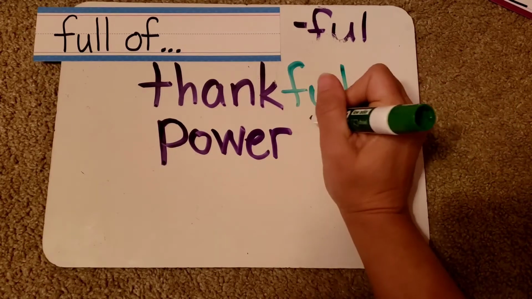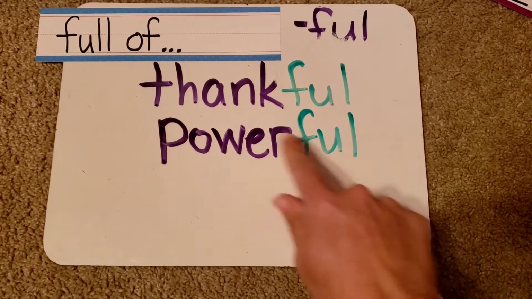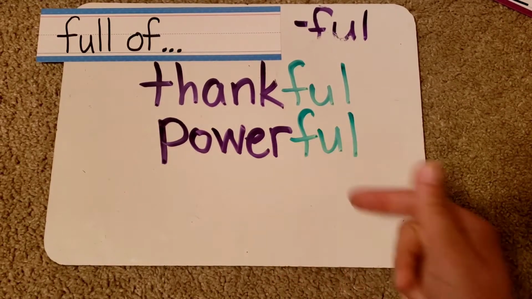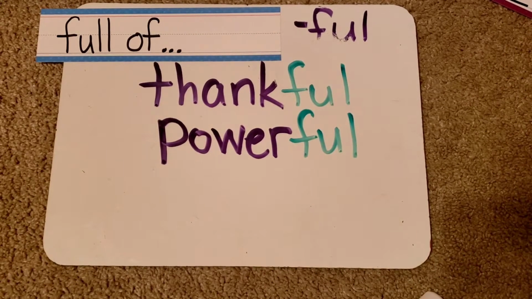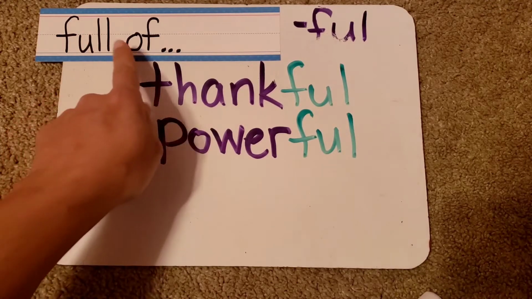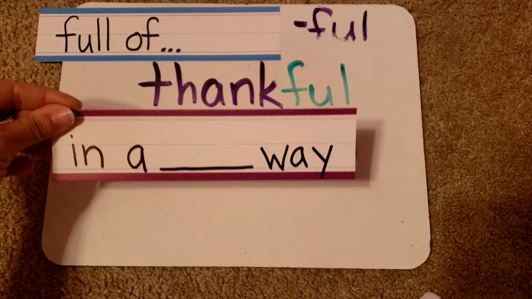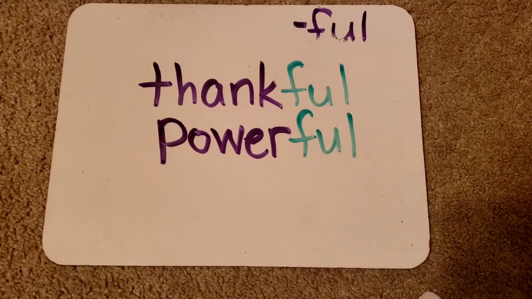If I add ful, I'm now full of power. Somebody who's powerful obviously has a lot of power. They're full of power. So we have our two suffixes, ly and ful this week. Ful means full of, and ly is in a blank way. So it's the way that somebody does something.